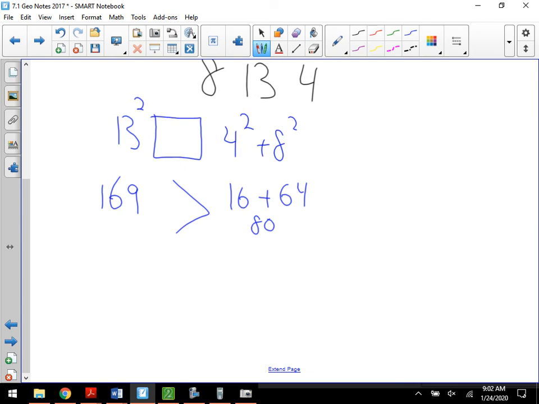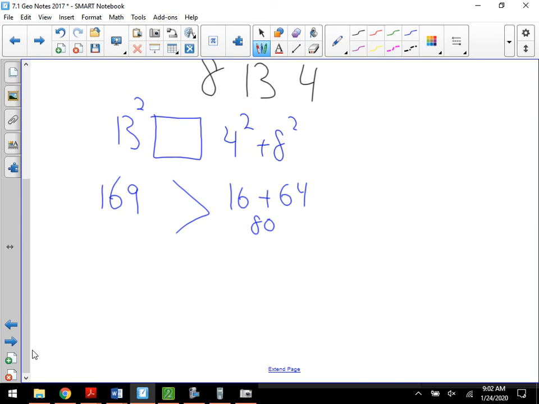And now all you have to do is just add them and add that side 3, and that's it. Remember, there are 3 cases: if C squared equals A squared plus B squared, it's a right triangle.